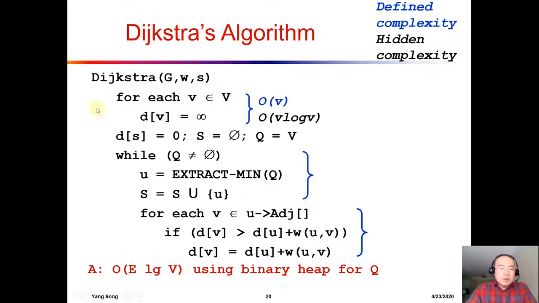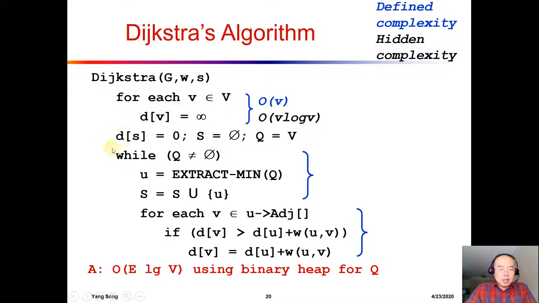For each vertex, we set d equals infinity. By definition that is O(V), because we visit each vertex once. And since we are using a min heap, we have to build the min heap with V values. All the values are infinity, however, we still have to build a min heap. To build a min heap, that is V log V.